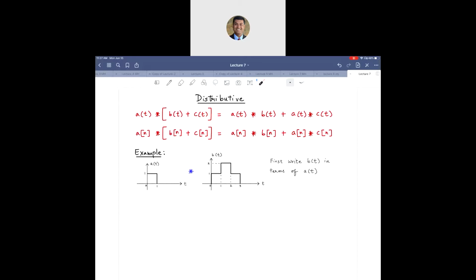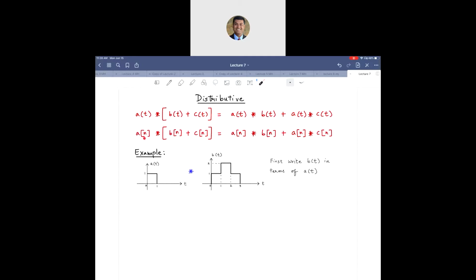So the statement of the distributive property is, if you have A of t convolved with the sum of B of t and C of t, it is the same as convolving A with B and adding it to convolving A and C. That is for continuous time signals. You can apply the same distributive property for discrete time signals.